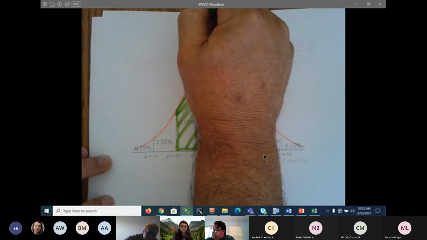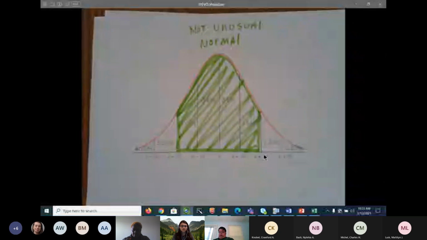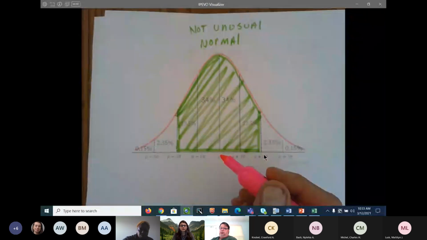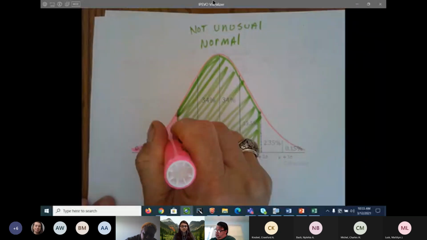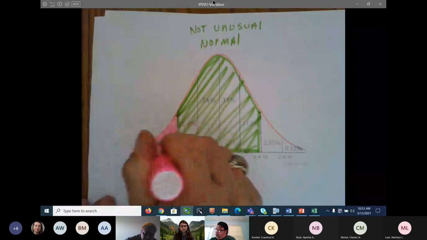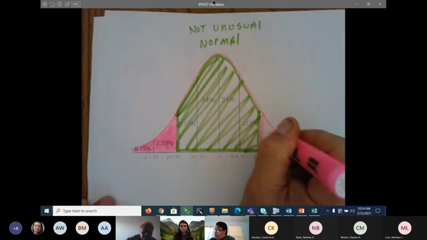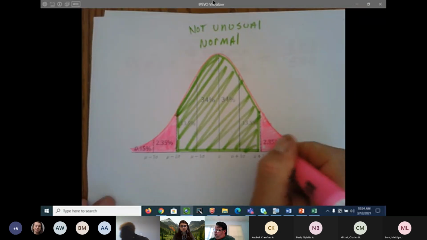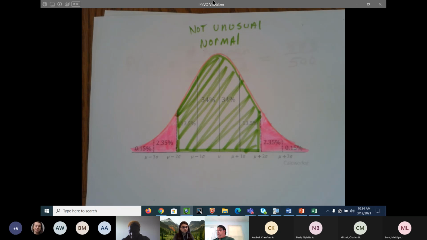Not unusual. So if my green area is not unusual, then what is this area right here? Unusual. The pink areas are the unusual and the outliers. So I'm going to put in red or pink, unusual.